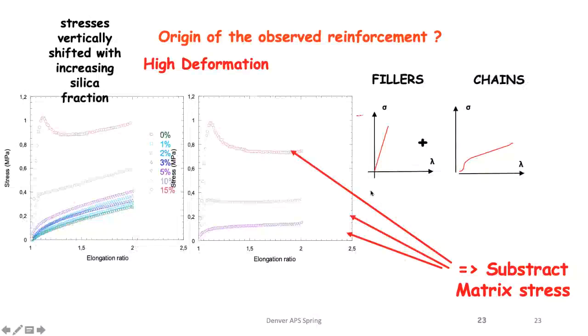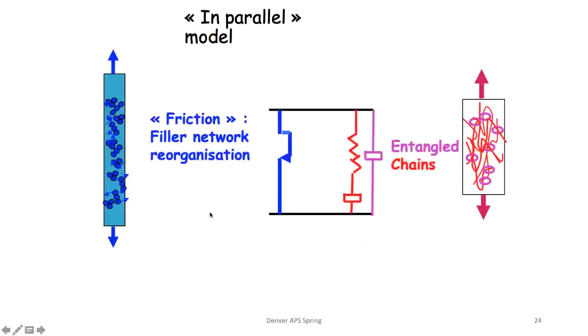Okay, so it is as if you had a system in which you have two contributions, the one of the untangled chains and another one which is due to the fillers and which corresponds to a very strong initial stress and which you could represent as a kind of initial friction.